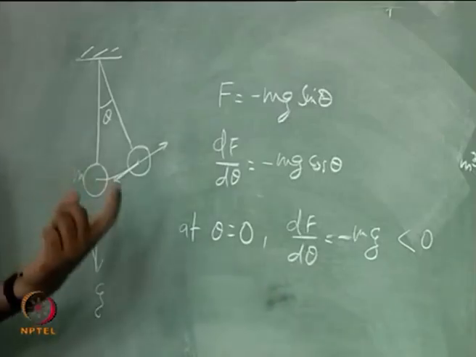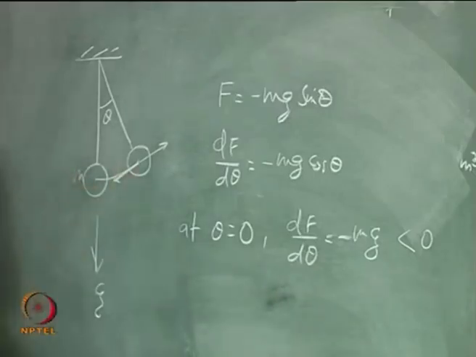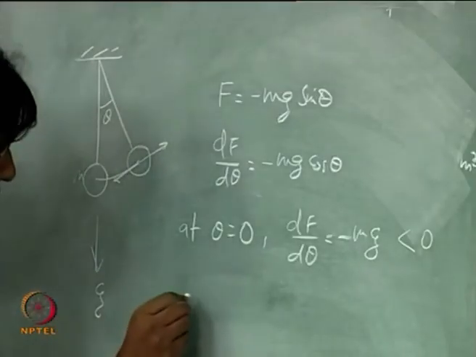So we said about static stability by looking at this derivative. Now what can we say about the dynamic stability of this system at equilibrium condition, which is 0. So I have to write down the equation of motion, right, an equation of motion for this.